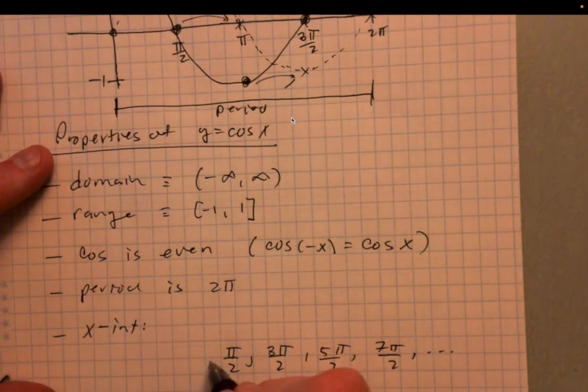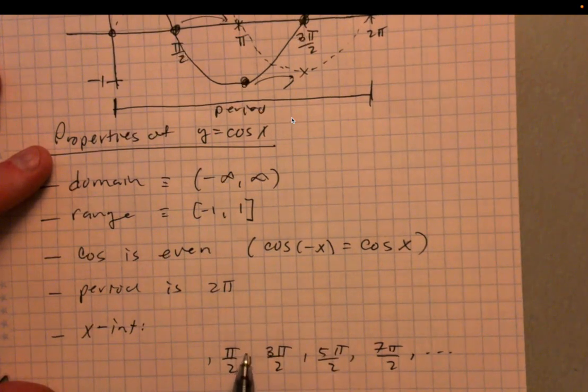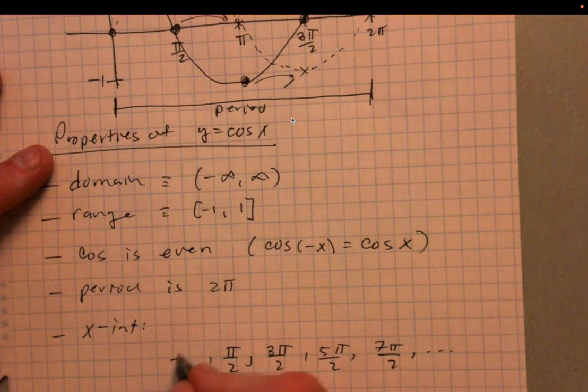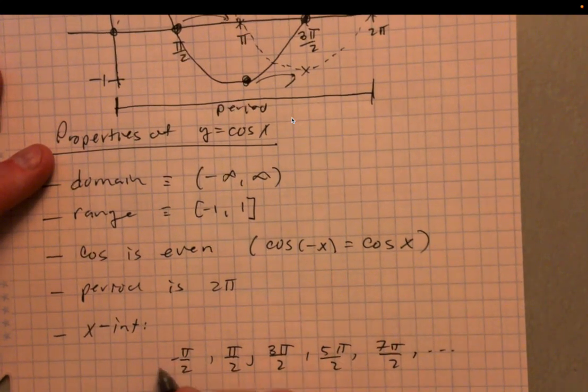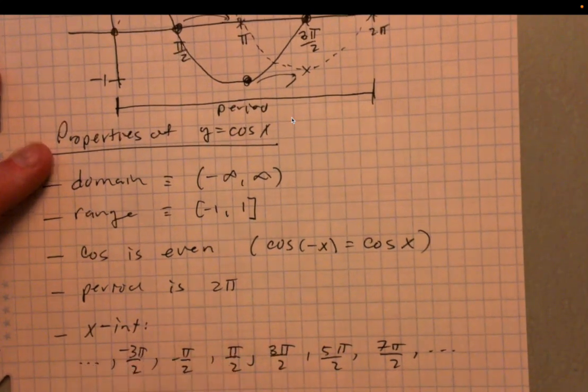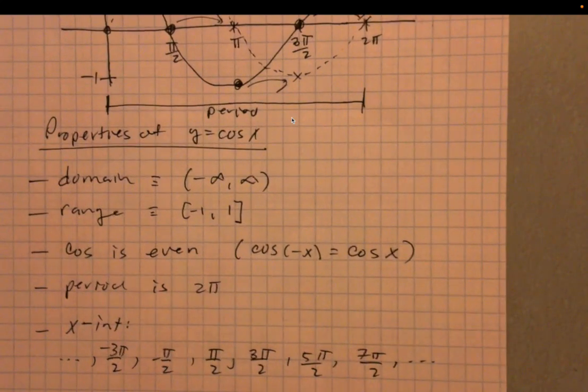And in the negative direction, you would have, sorry, not 0. It would be negative pi over 2, and then negative 3 pi over 2. All right, that's where all the zeros are at. So those are the x-intercepts.